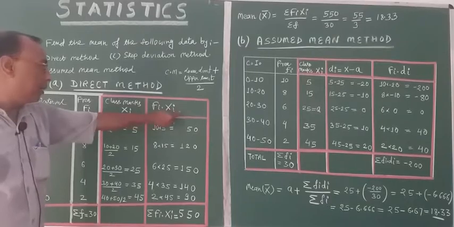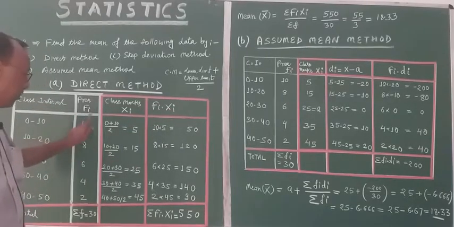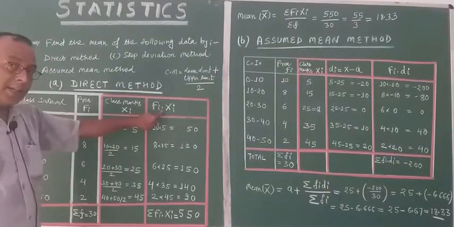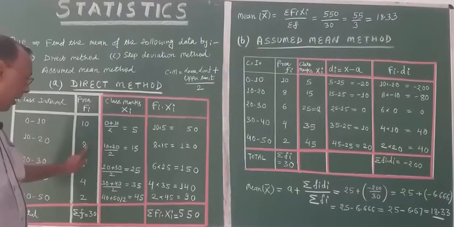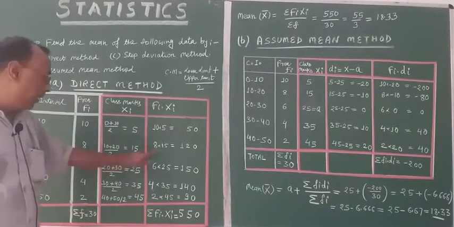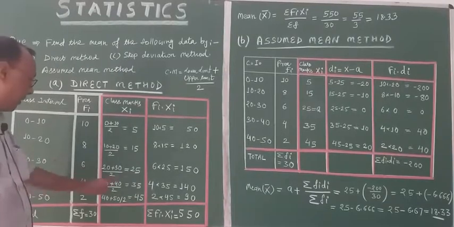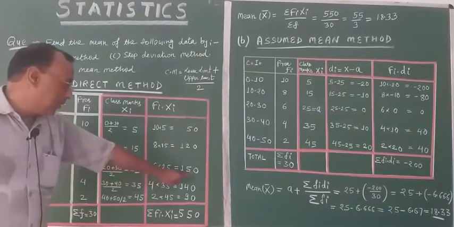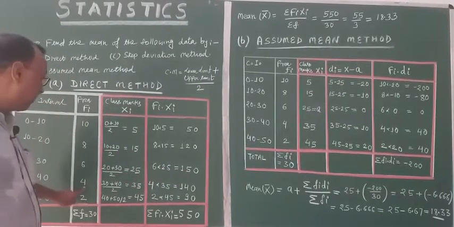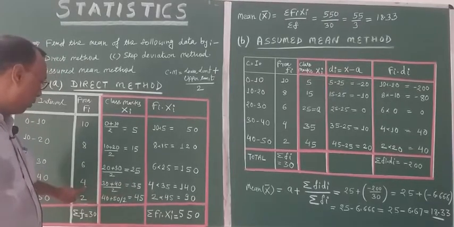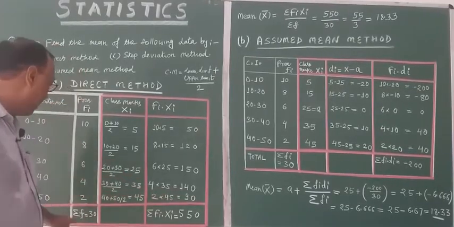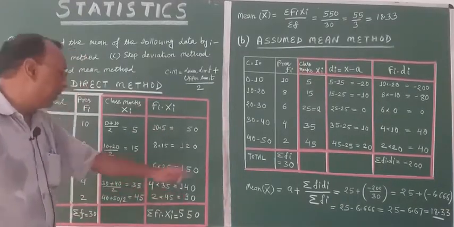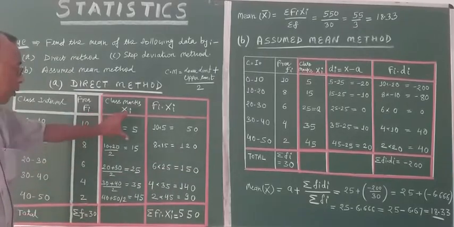So f1 x1 means 10 into 5 is equal to 50. f2 x2, अगर मैं i की जगह 2 रख दूँ, this is f2 and this is x2: 8 into 15 is 120. f3 x3, f3 means 6, x3 means 25, that is 150. f4 x4, 4 into 35 is 140. f5 x5, 2 into 45, that is 90. Is it okay? तो ये सब मेरे को इन दो कॉलम में करना है.